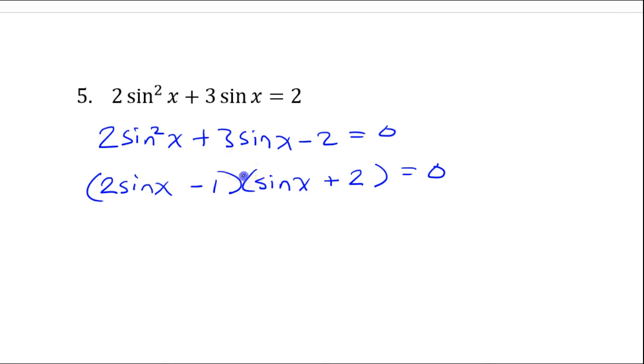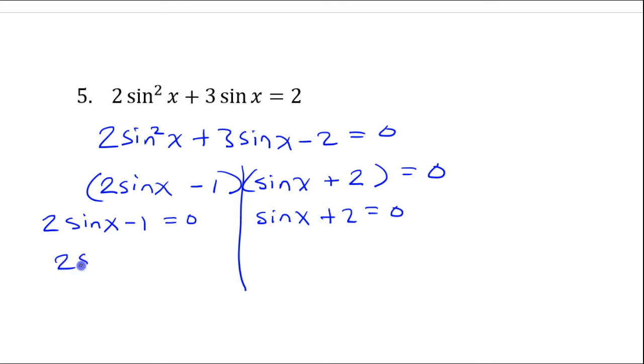Now I can use my zero product property to get solutions. So we will set 2 sine x minus 1 equal to 0, and I will set sine x plus 2 equal to 0. Over here, adding 1 to both sides, I have 2 sine x equals 1. Dividing both sides by 2, I have sine x is equal to 1/2.